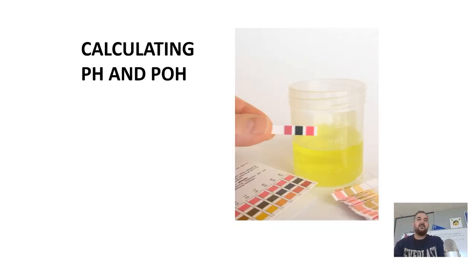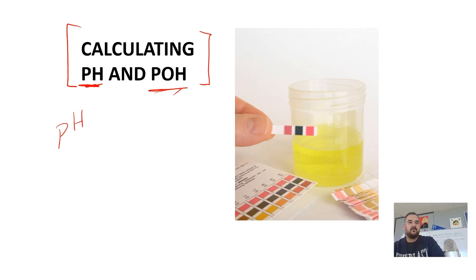So now we're going to talk about calculating pH and pOH. A lot of you guys have heard of pH. pOH is going to be new for you guys. So what does pH stand for? All right, power of hydrogen. So if you had to guess, what is pOH?